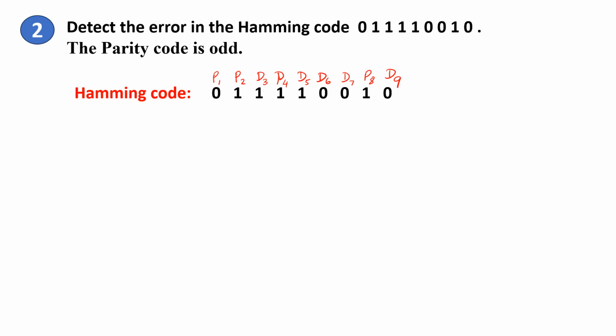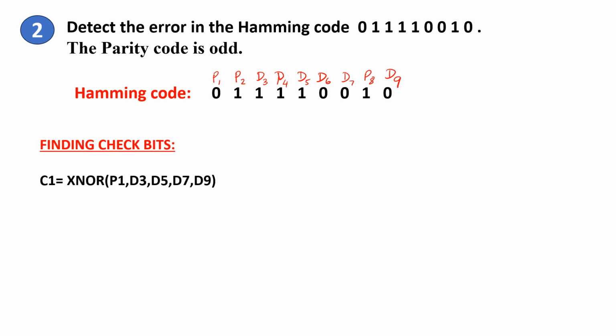So here we have 4 parity bits, and to detect the error in this code we have to find the check bits. Since the parity bits are 4, we have to find 4 check bits. So the next step is to find the check bits. Check bit 1, that is C1, is XNOR of P1, D3, D5, D7 and D9. Here we are using odd parity, so we are using the XNOR operation.